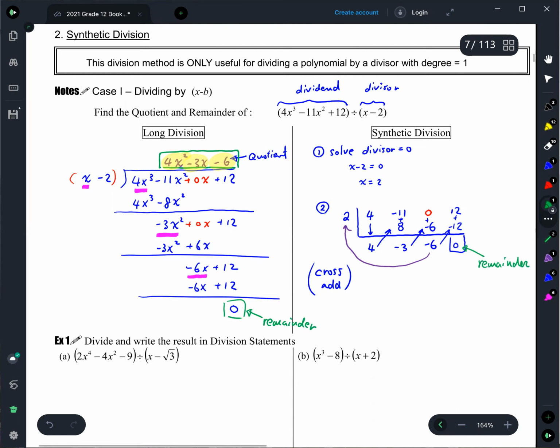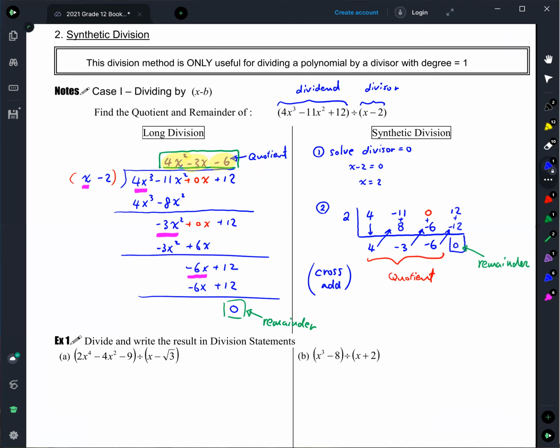Okay, and then the thing here, this is the quotient. But you only see numbers, right? You cannot leave your quotient with only numbers. So you need to fill in the variable, okay? If your dividend is x cubed, your quotient will be 1 degree lower.